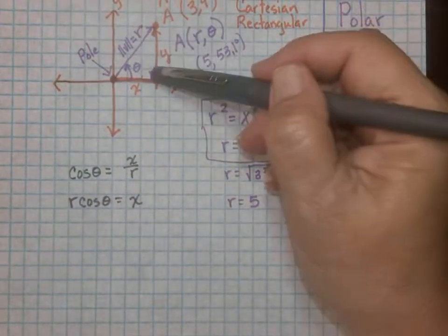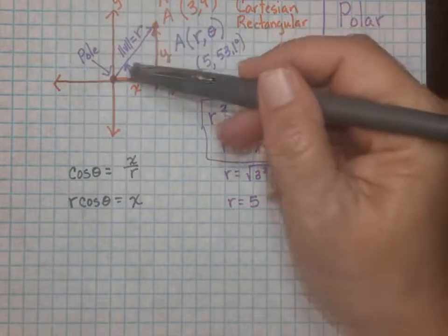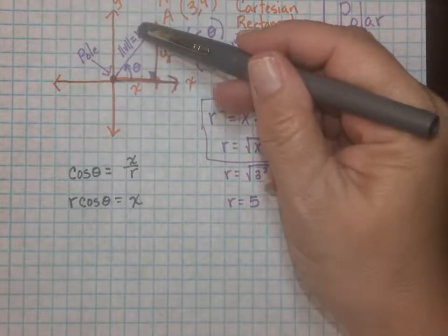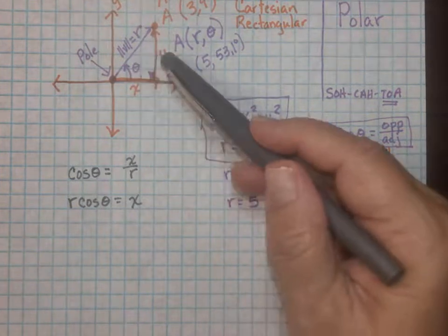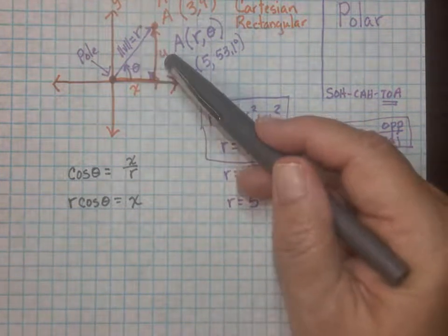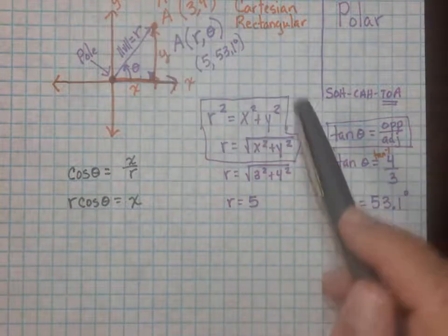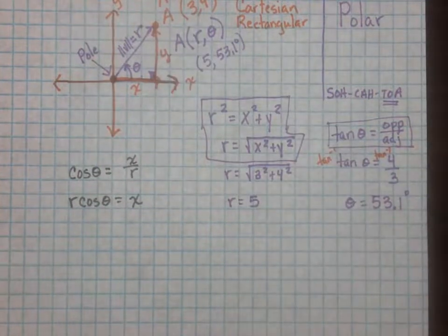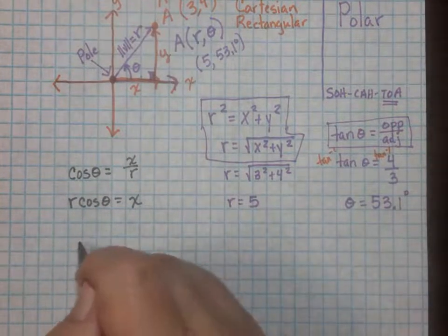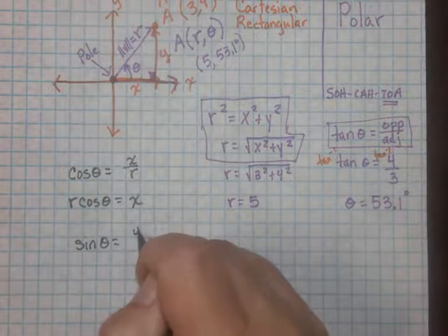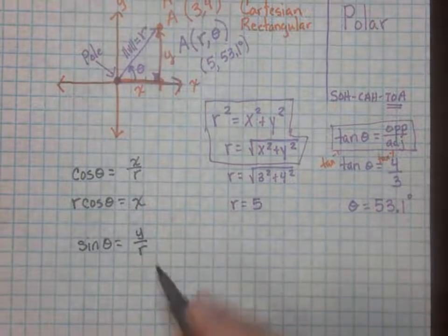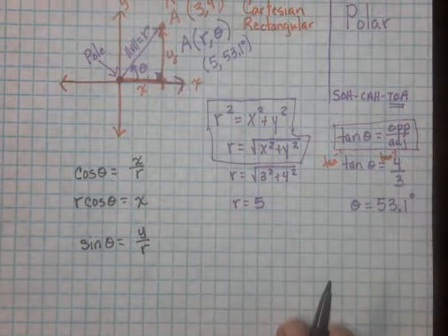All right. Well, how can I define y in terms of theta and r? Again, right triangle trigonometry: if this is theta, y is my opposite. Opposite over hypotenuse is related with the sine. So sine of theta is y over r.